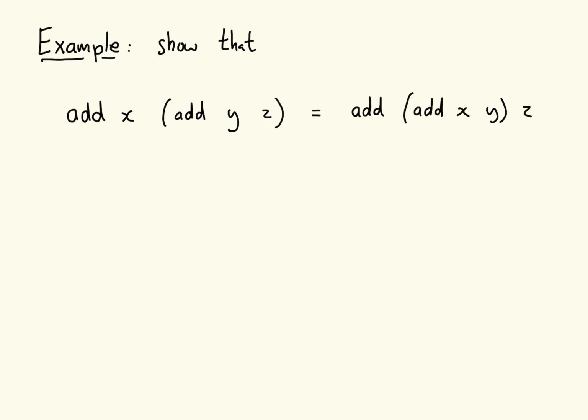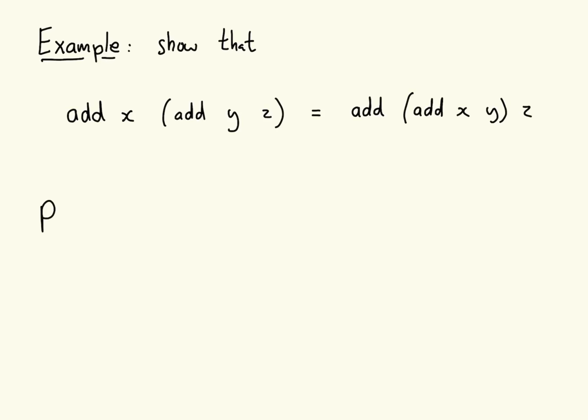So the suggestion here is that we should try, first of all, doing induction on x, because it appears in the recursive position the most number of times. So before we move on to actually doing the proof, let's be precise about the property which we're defining.